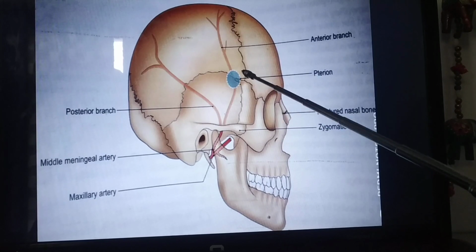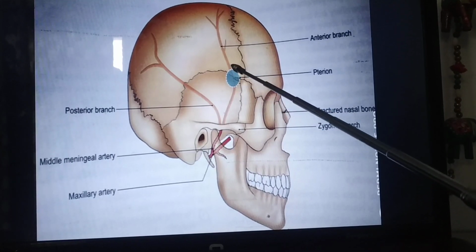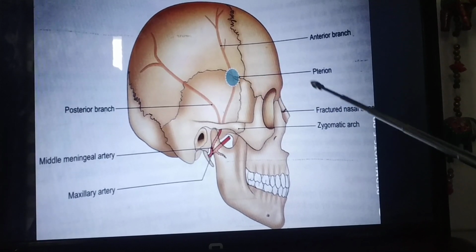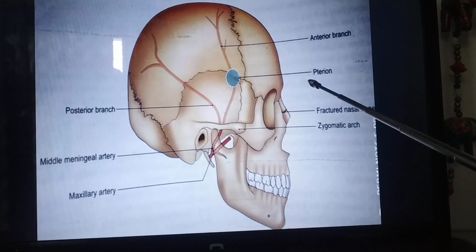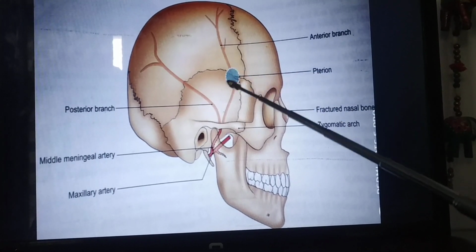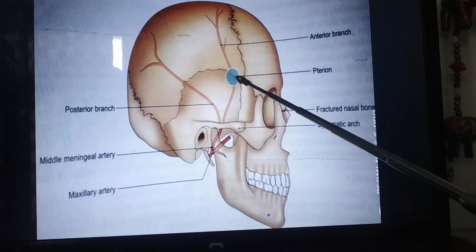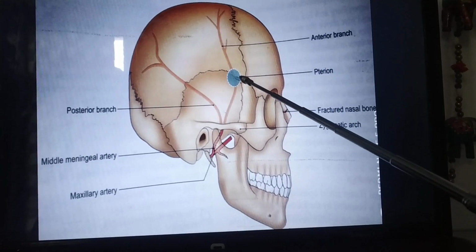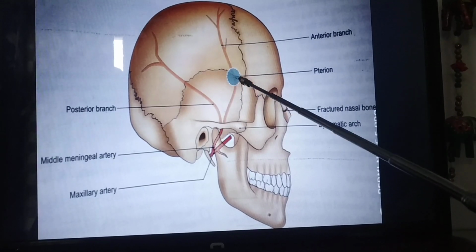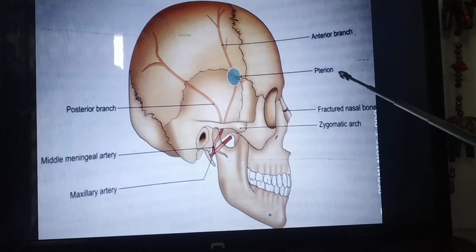This anterior branch crosses from this point, as well as this point is weakest. If any injury or fracture occurs over here, this artery is going to be directly affected and it may cause a lot of harm. So as well as this is weakest and it's going to have major harm, that's why it is the critical area in the skull.